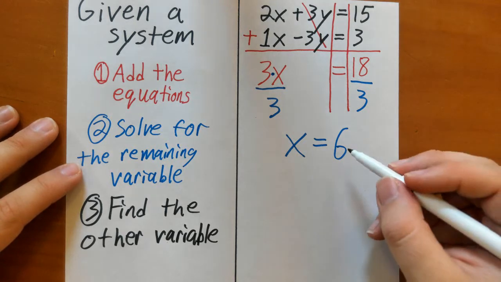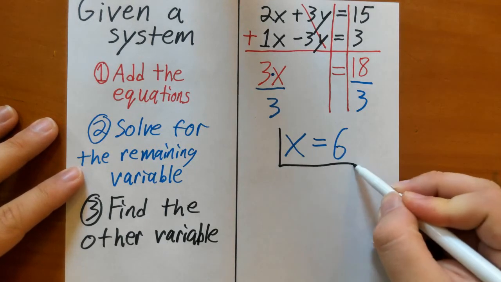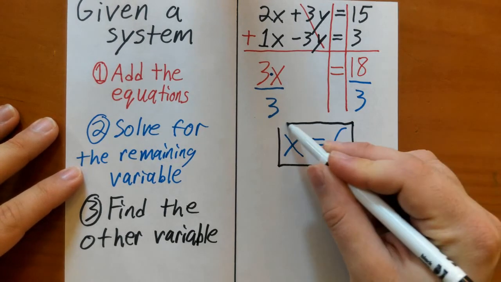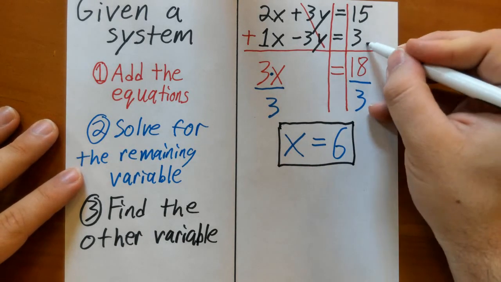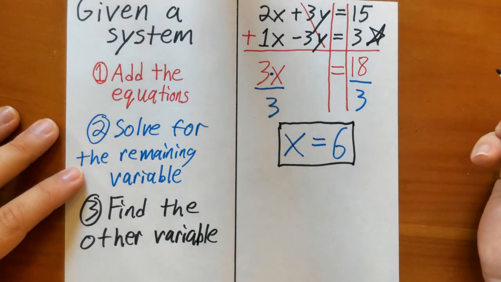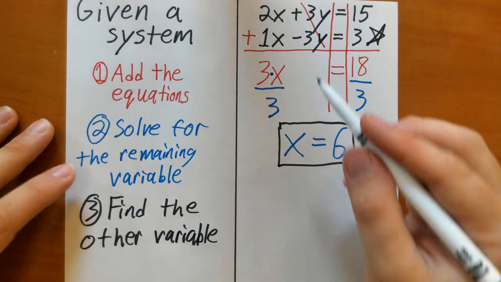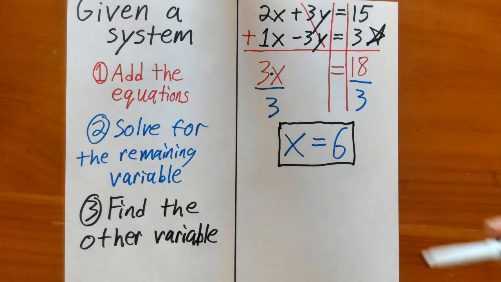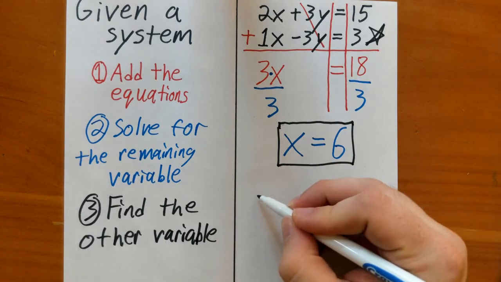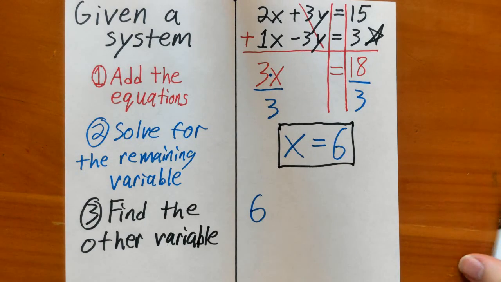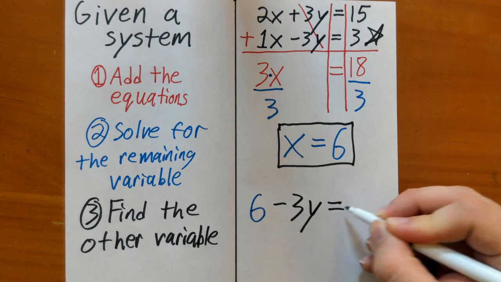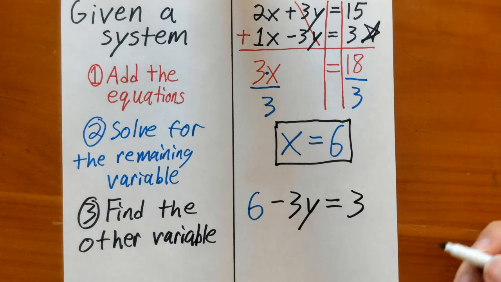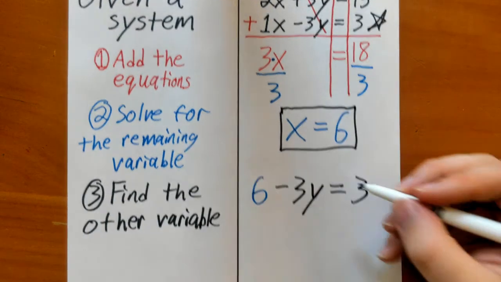We can do that by plugging in our answer that we got for x into one of our original equations. I'm going to choose this one. So instead of writing x, I'm going to write the 6. We're going to have 6 minus the 3y equals 3. And you would solve this like a two-step equation.